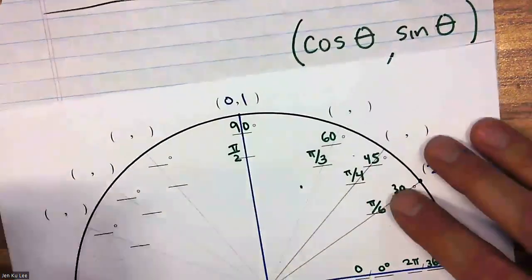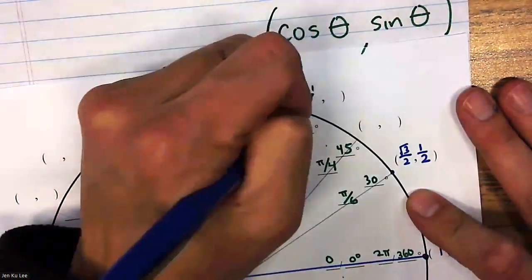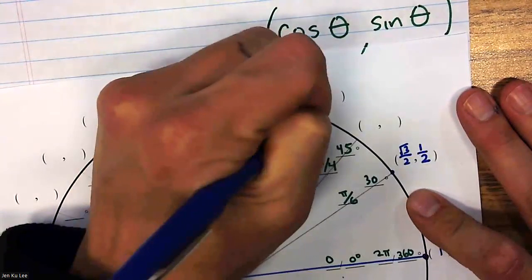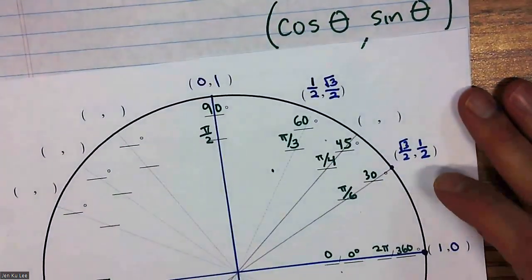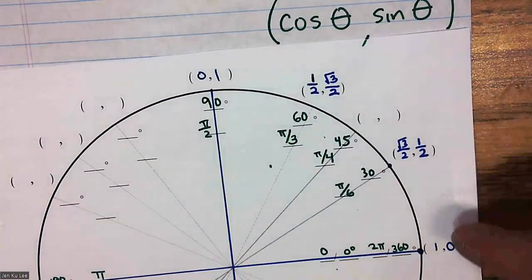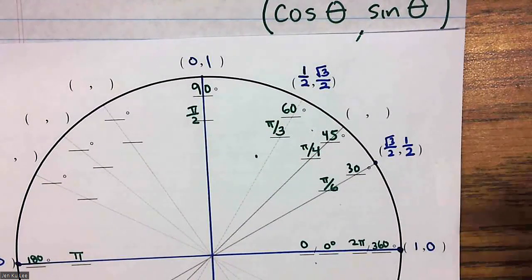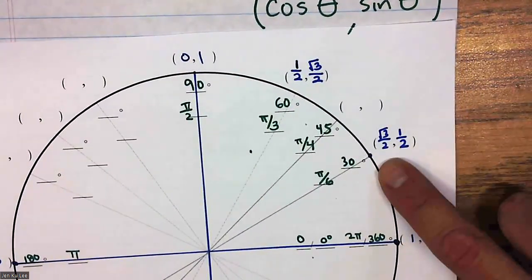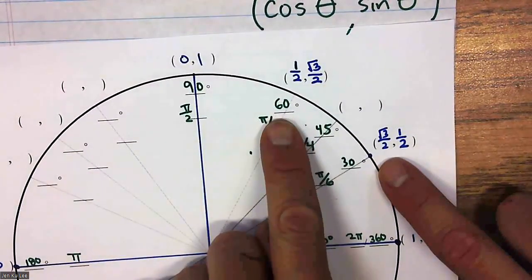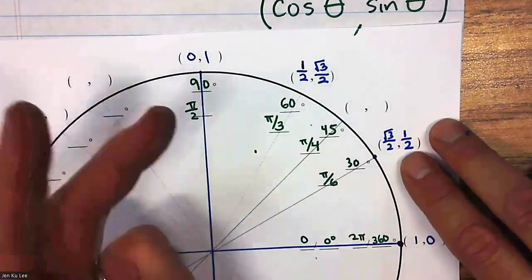Okay. Here, 1/2, square root of 3 over 2. All right. Notice, I'm going to just point this out and we're going to talk about this relationship later. Notice that for the 30-degree angle and the 60-degree angle, their sines and cosines just flip.